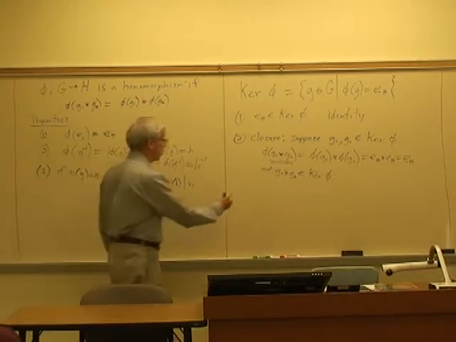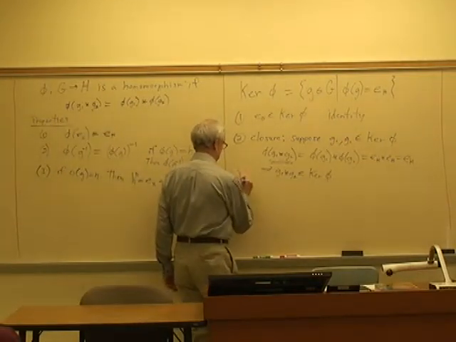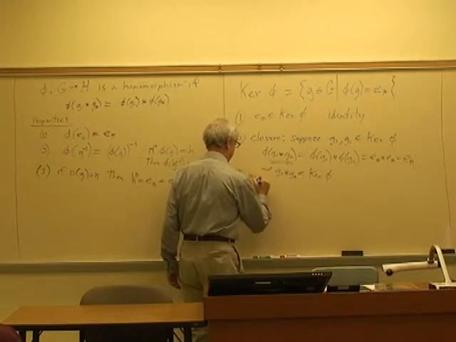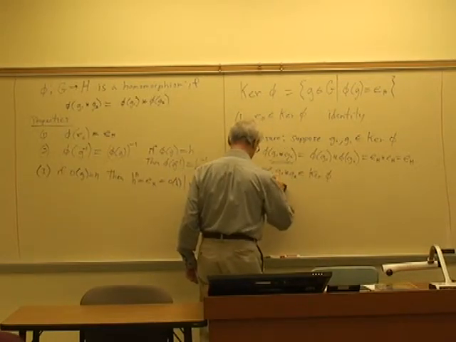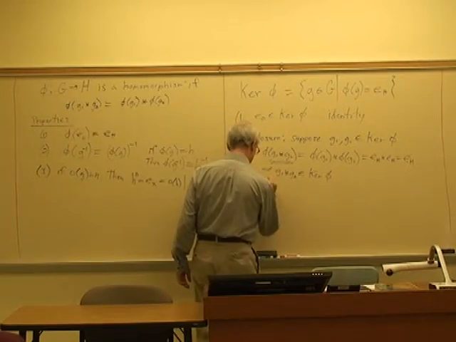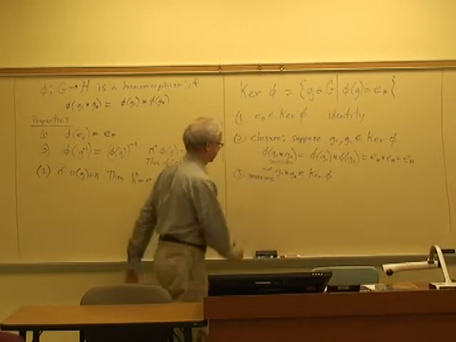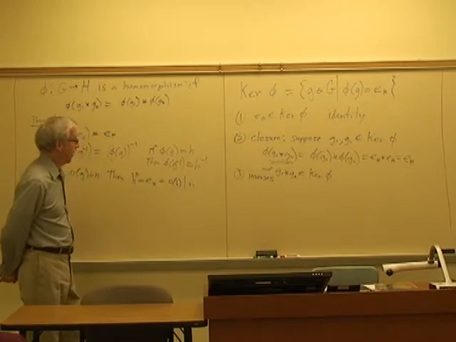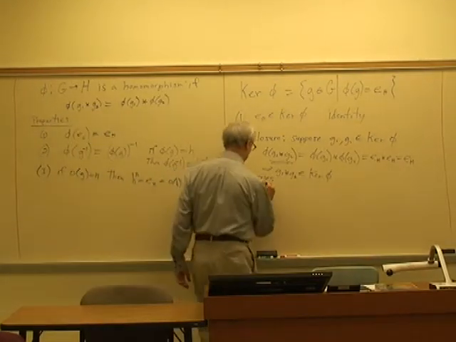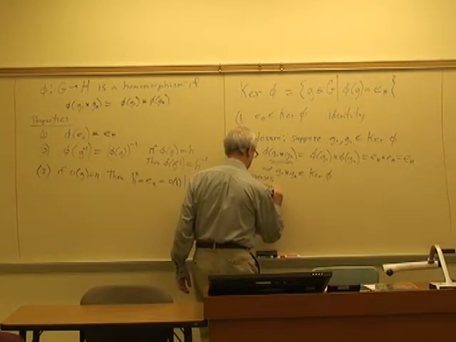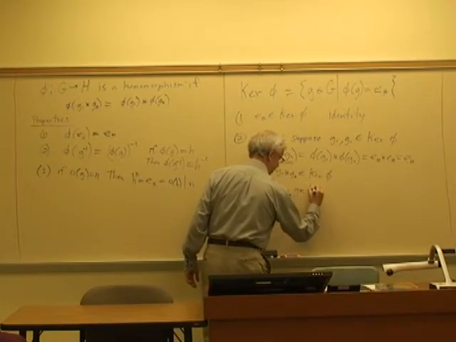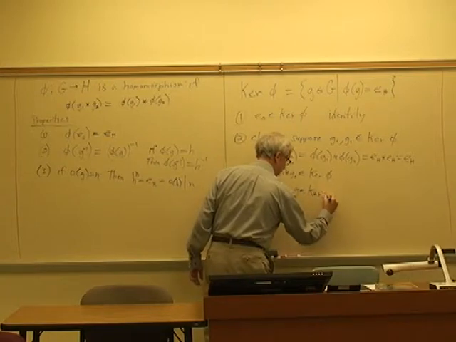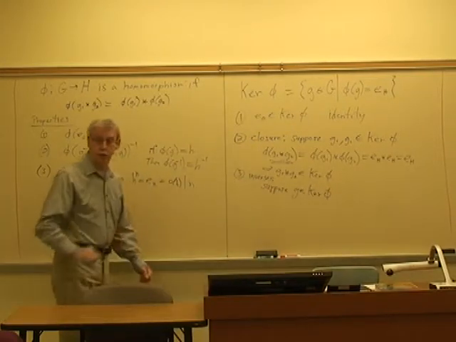Inverses. So how do I prove that inverses are in there? Well, suppose that G is in the kernel. What's my job to finish this?